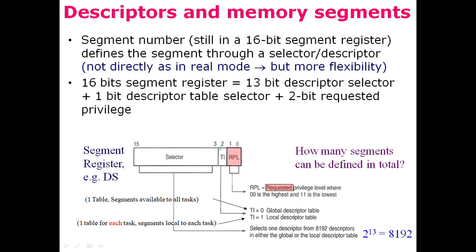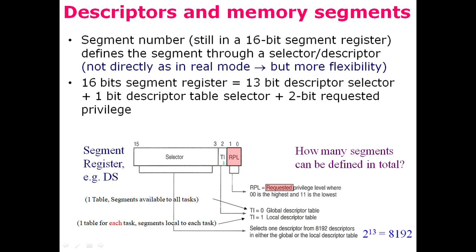The rightmost two bits, bit 0 and bit 1, describe the request privilege level, RPL, and these two bits define the privilege level of this request. And bit 2, which is TI, defines whether a local descriptor table or a global descriptor table is to be accessed.